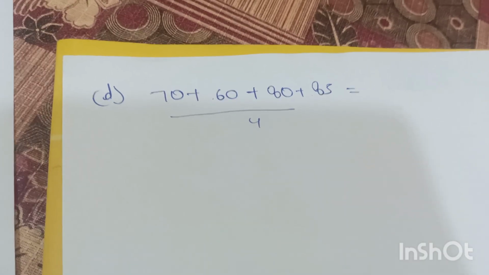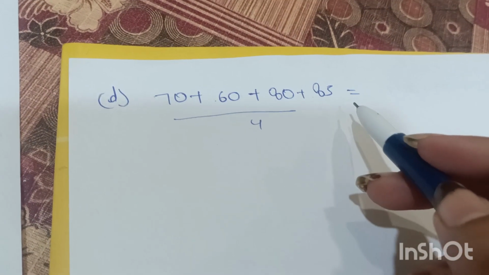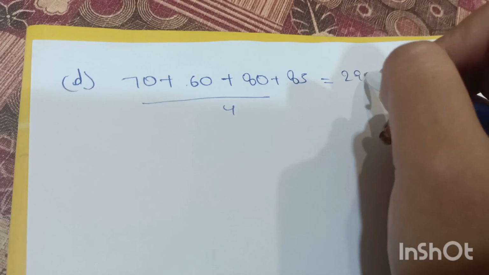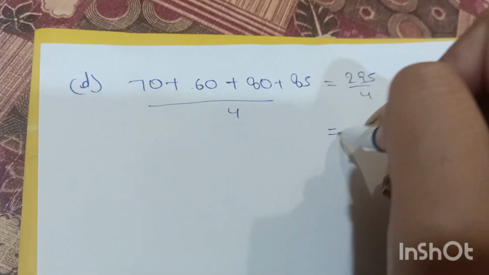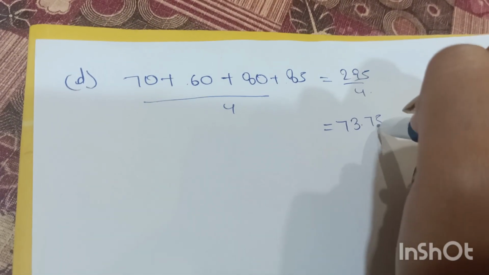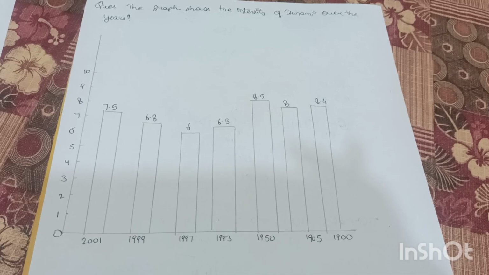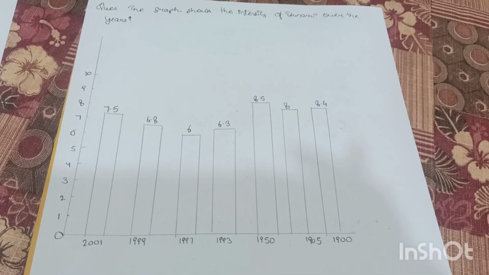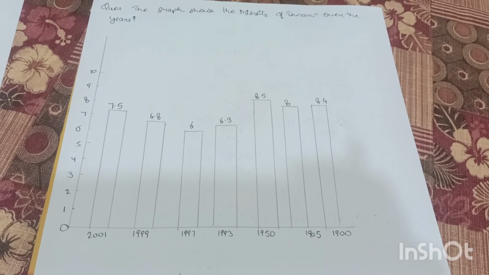Quality A fan is 85 upon 4. So after solving it out, you'll get the value as 295 upon 4. When you will solve it out, you'll get the value of 73.75. So the next question is on your screen. You may solve it out.